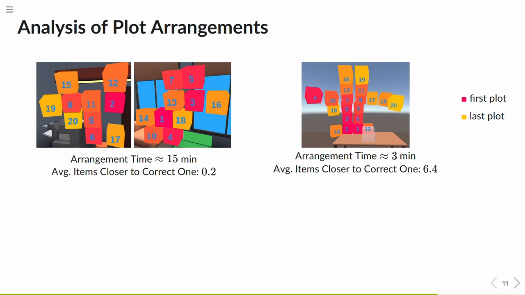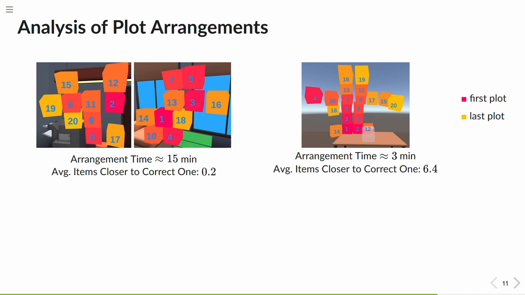Regarding the colored plots, one can see that they deviate strongly from the spawn order, and instead the plots were grouped by attributes in a grid-like manner, and plots sharing the same attribute were arranged along a line. This participant called the arrangement phase the most challenging one, which once again suggests that the effort invested during this stage paid off in the blind recall, leading to lower error rates.